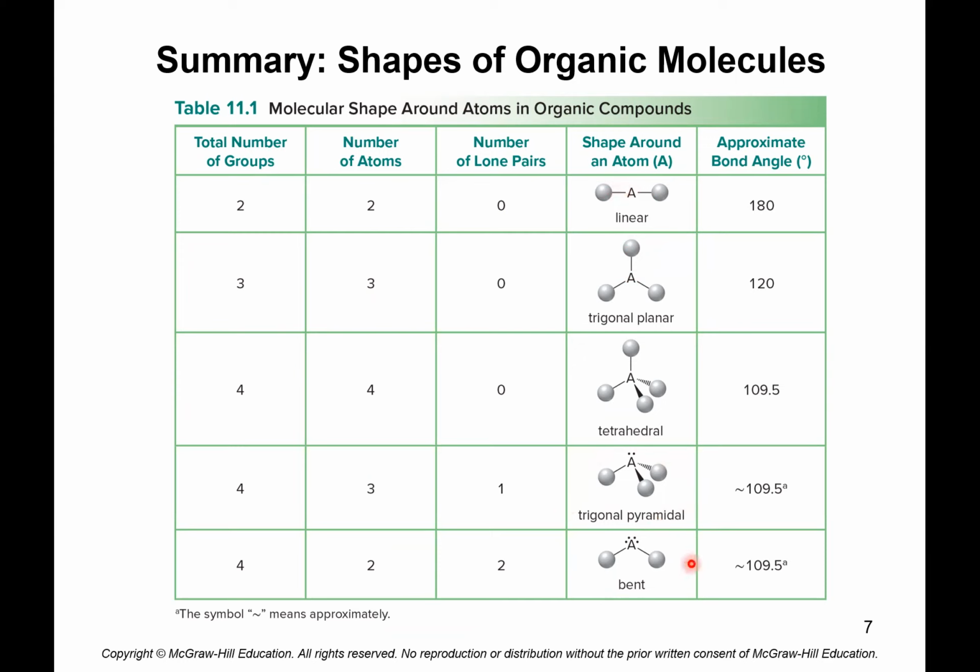The trigonal pyramidal and the bent shapes: trigonal pyramidal we will often see with nitrogen, and bent we will often see with oxygen. And that's just because nitrogen can form 3 different bonds and it has 1 lone pair, and oxygen can often form 2 bonds with 2 lone pairs. So now these angles here are just for you to keep in mind. It is something that sometimes we will use to think about how these molecules are arranged in space.